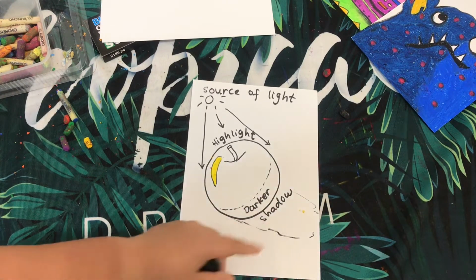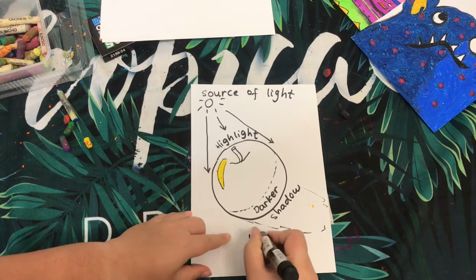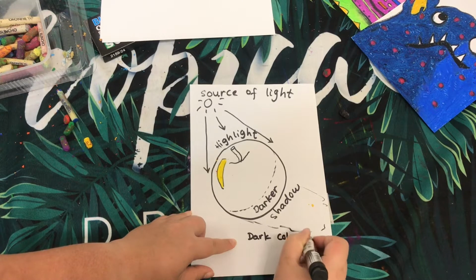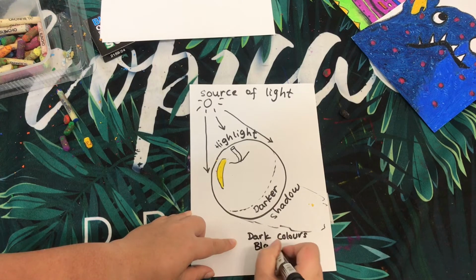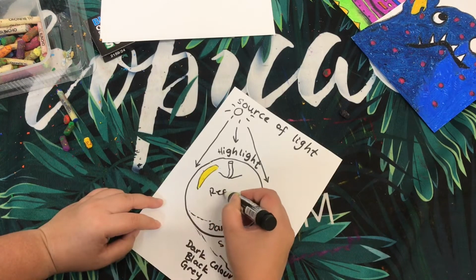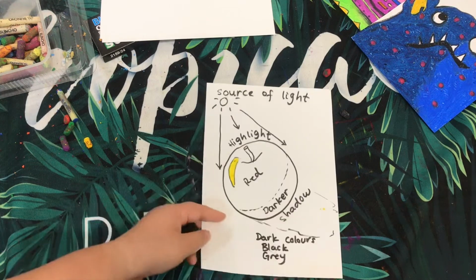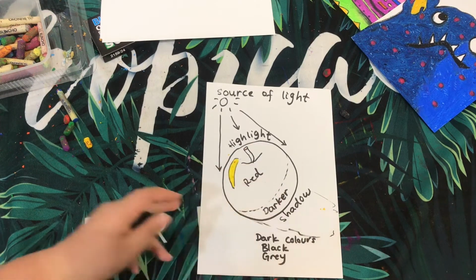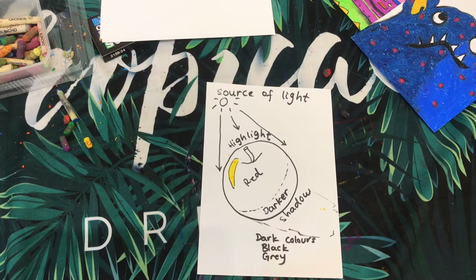The colors that you can use can be dark colors, or you also can use black crayon or gray crayon. Okay, so over here should be red, but we will gradually blend the color later from lighter red to darker red later. Okay, so let's start.